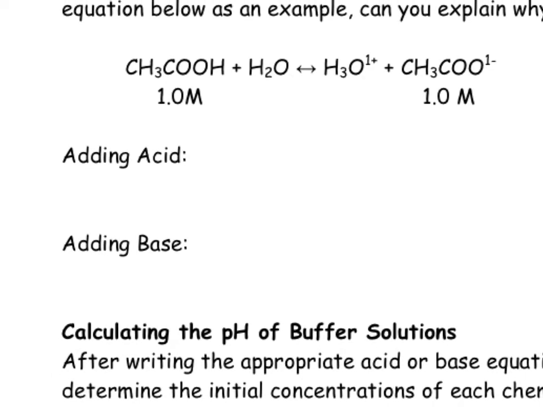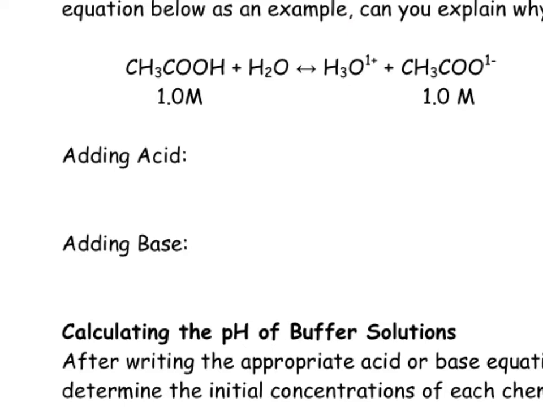Here we have an ethanoic acid buffer system, where we add in 1 mole per liter of a weak acid and 1 mole per liter of its conjugate base. We can use Le Chatelier's principle to describe why this buffer will resist pH changes. If we add acid to the system, essentially we are increasing the hydronium concentration in the system.